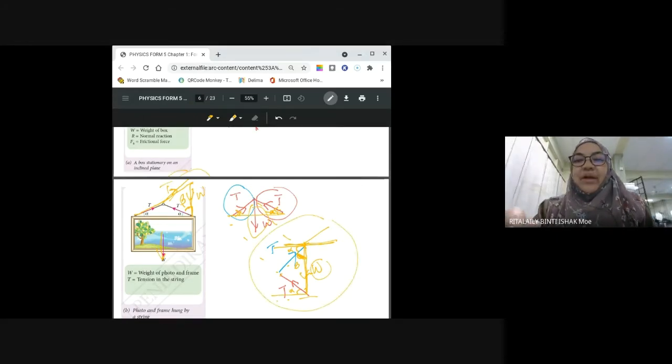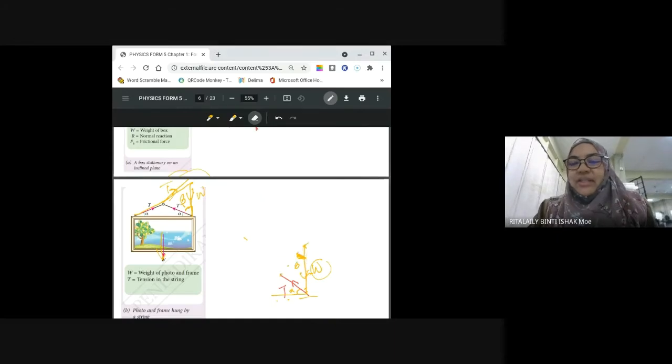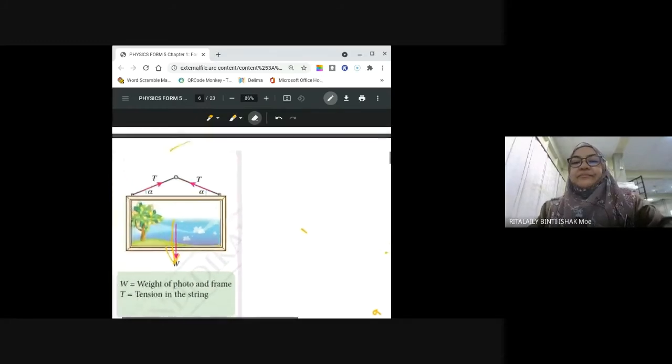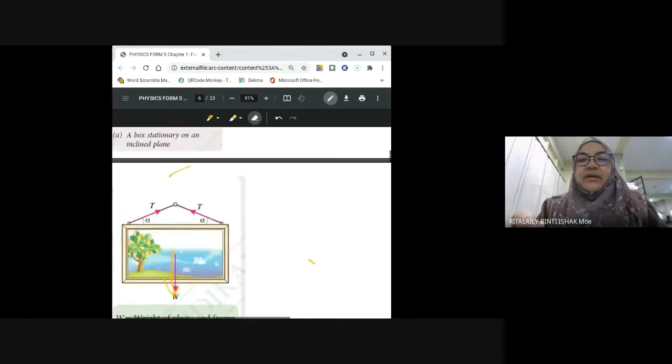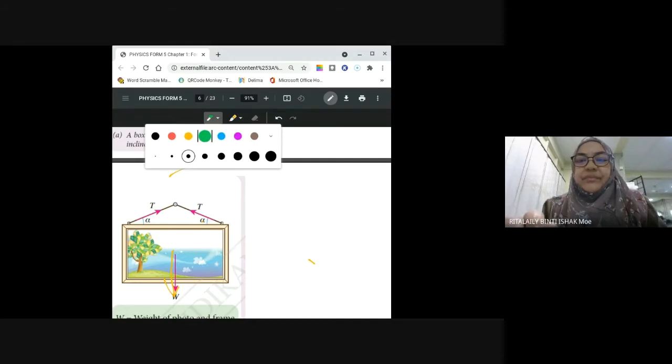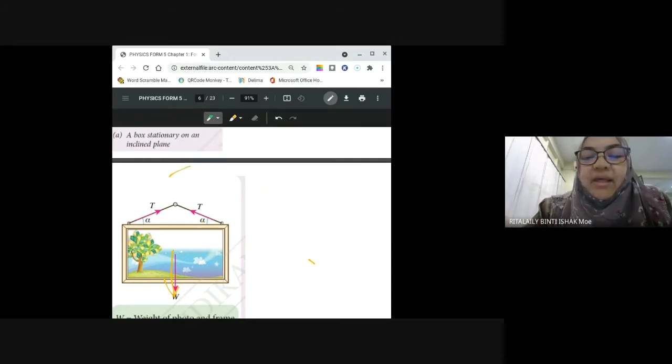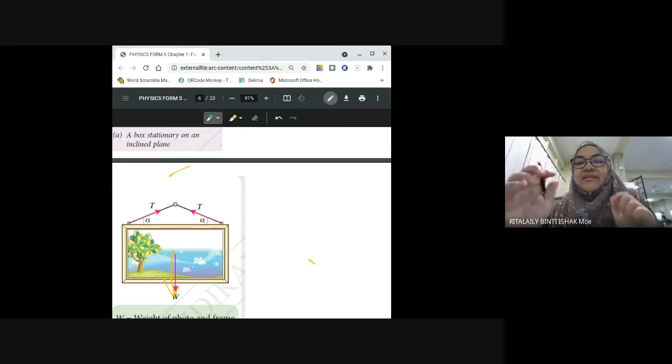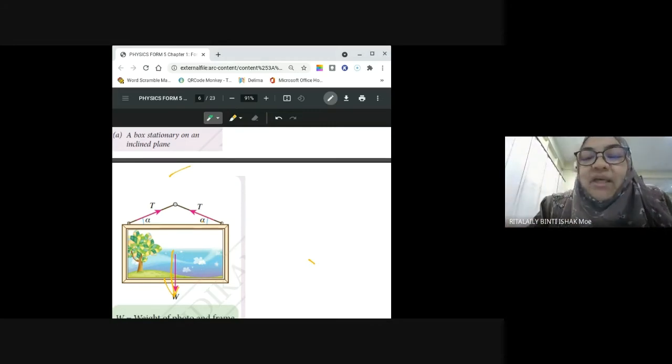Okay, I will erase it and then I'll draw again so that you can see more clearly. So let's draw this one. I draw on the diagram itself so that you can see.